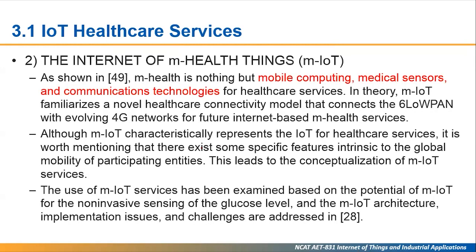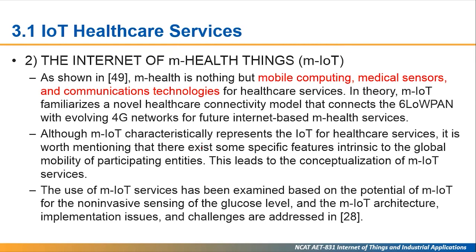Another service is the Internet of mHealth Things, or mIoT, as we can call it. As shown in the literature, mHealth is nothing but mobile computing, medical sensors, and communications technology for healthcare services.